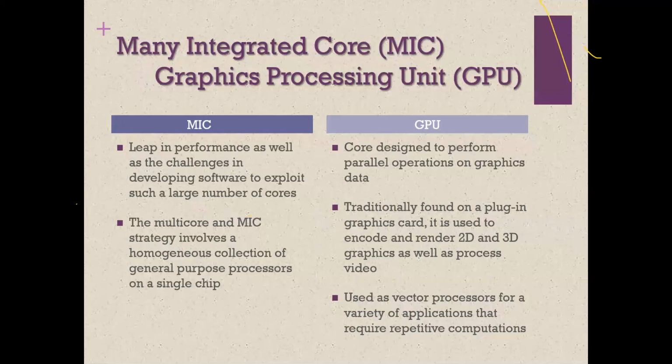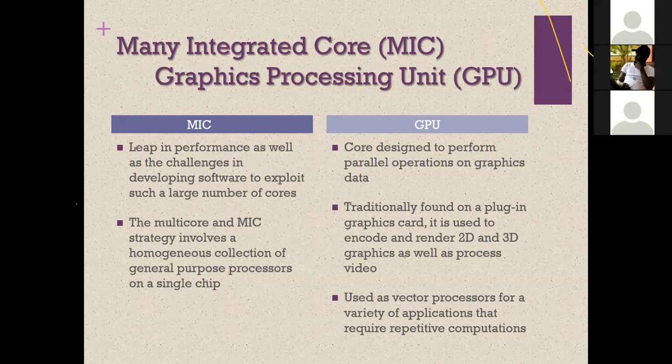At the same time, the chip manufacturers are pursuing another design option in which a chip with multiple general purpose processors plus graphics processing units and specialized cores for video processing, for example, and other tasks are being made. So in a nutshell, or in broad terms, the GPU is a core designed to perform parallel operations on graphics data.